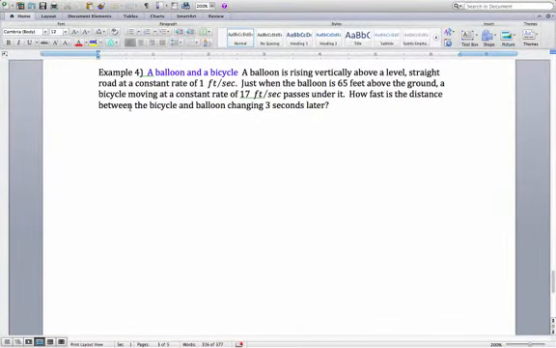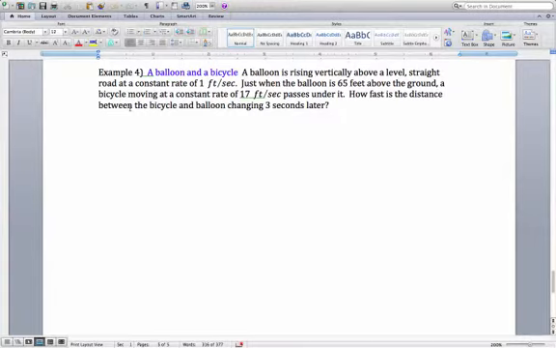Okay, reading this problem and understanding it, you have a balloon rising vertically and a bicycle that is going underneath of the balloon. So it sounds to me like this is going to be a right triangle problem.